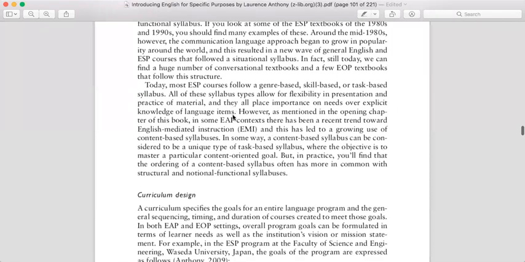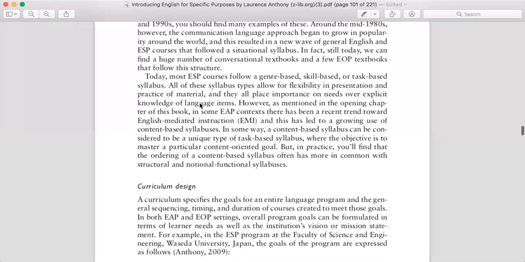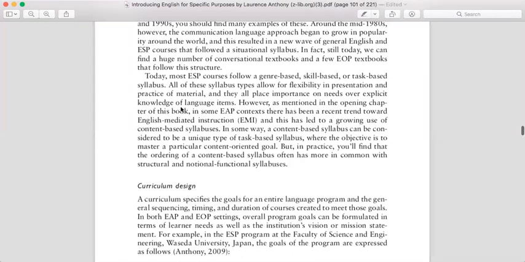Okay, so what is happening today is more ESP courses follow genre-based, field-specific, skill-based, focusing on particular skill, and task-based, real-world tasks. Okay, so right now less focus is on the structures, teaching of grammar in particular, and we have already moved to communicative approach and genre-based, skill-based, and task-based, right?